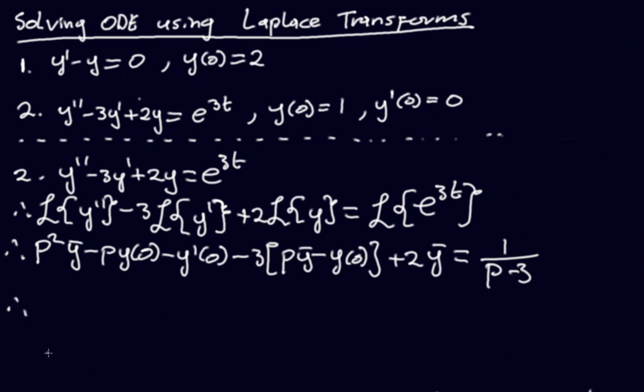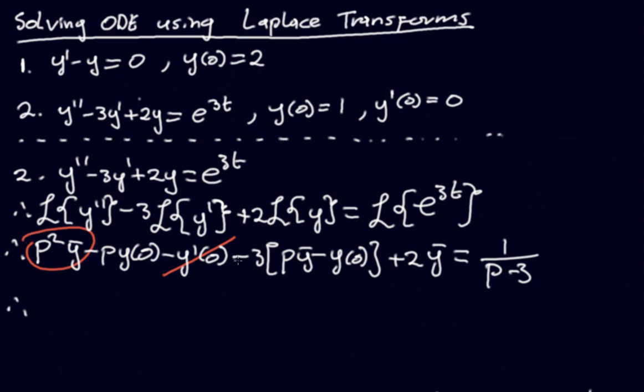So number 2, we must use the initial conditions given. Y prime is 0 according to the conditions. Therefore y prime is gone. No longer have this, it is equal to 0. And then we must put together all the terms that are having y bar, right?